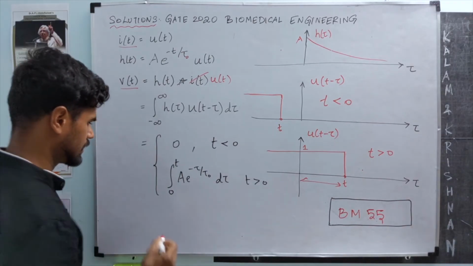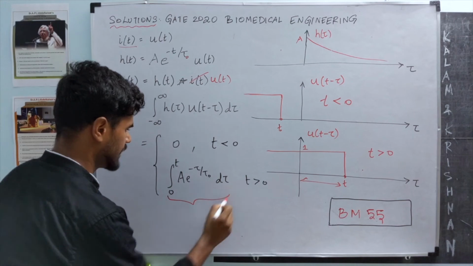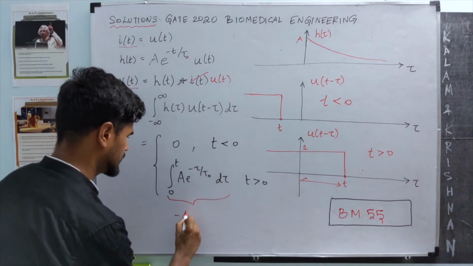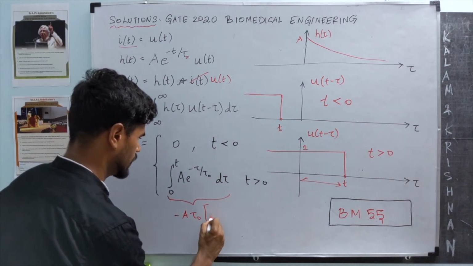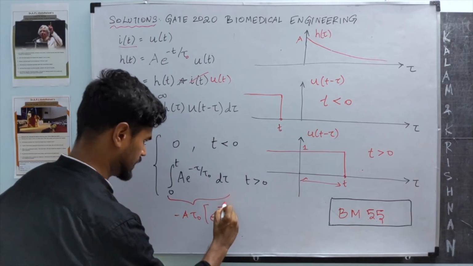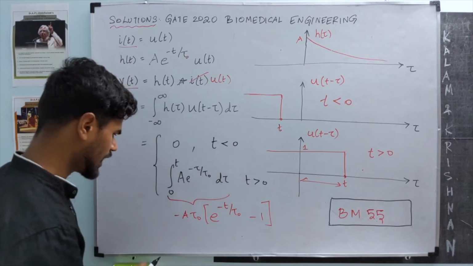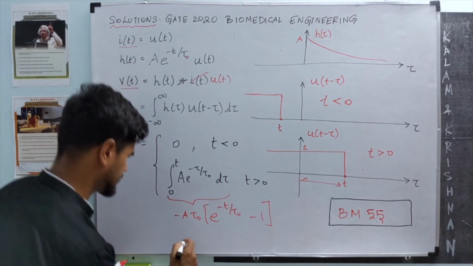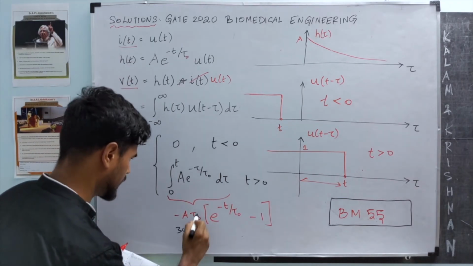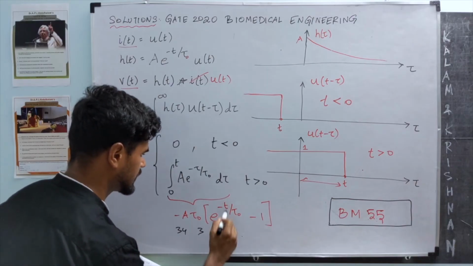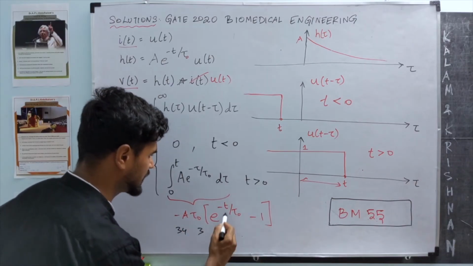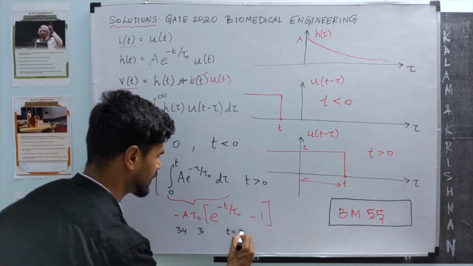So this integral becomes minus A tau naught times e power minus t by tau naught minus 1. And here we know A, which is 34, and tau naught, which is 3 milliseconds, and we want to evaluate this function when t is 5 milliseconds.